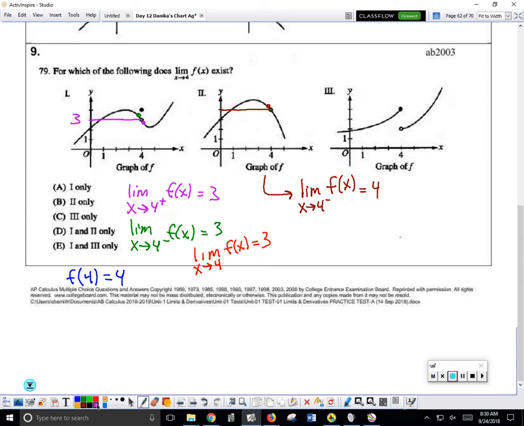The limit from the right is also very close to a y value of 4. So this limit also exists because the left and right limits are the same. For this one, if you type f of 4, the value is undefined. There is no y coordinate when x is equal to 4. So the overall limit is also 4.